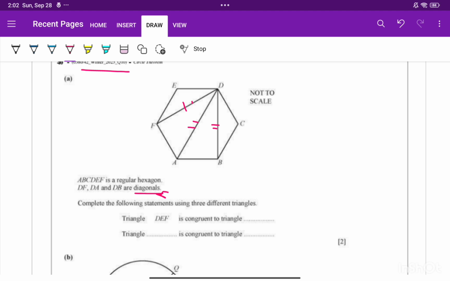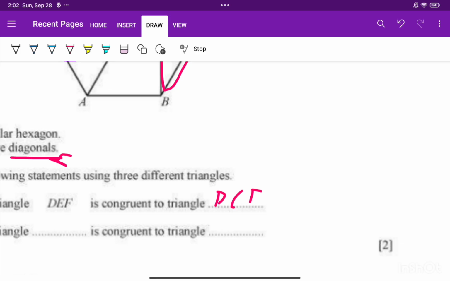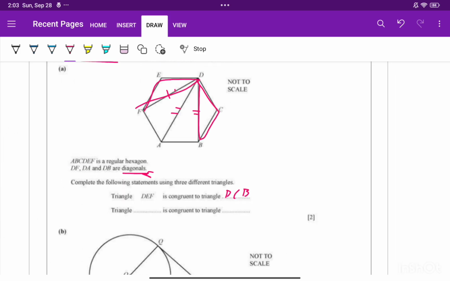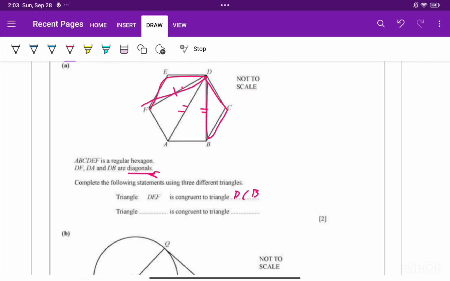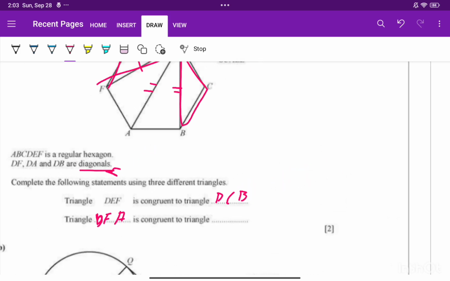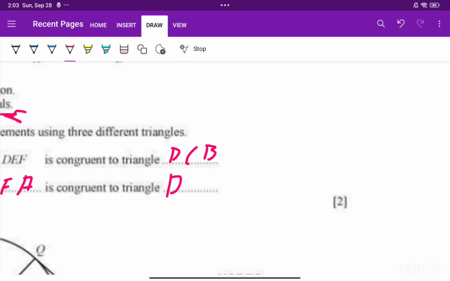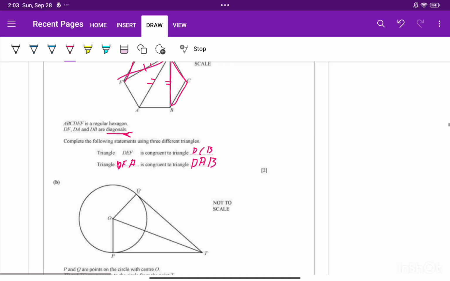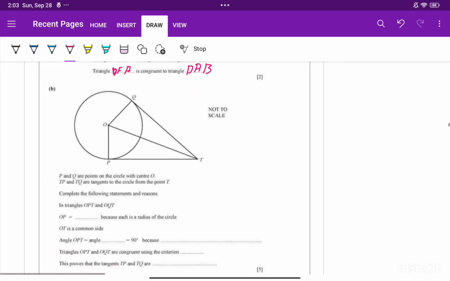DF, DA, and DB will be equal because they are diagonals. Triangle DEF is congruent to triangle DCB. So triangle DFA will be congruent to triangle DAB. DFA will be congruent to DAB. This was the easiest part.